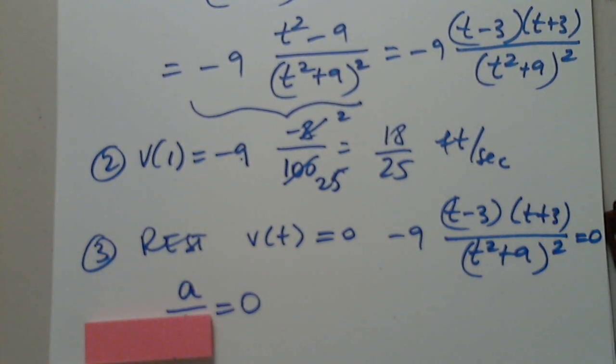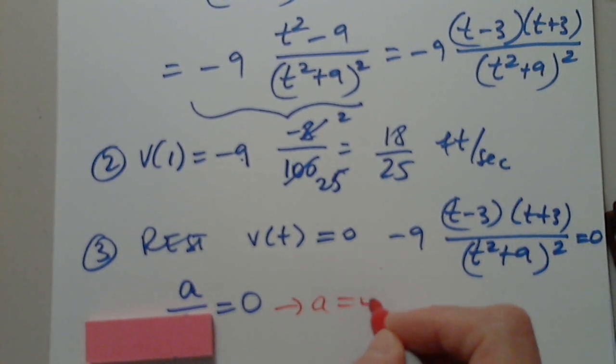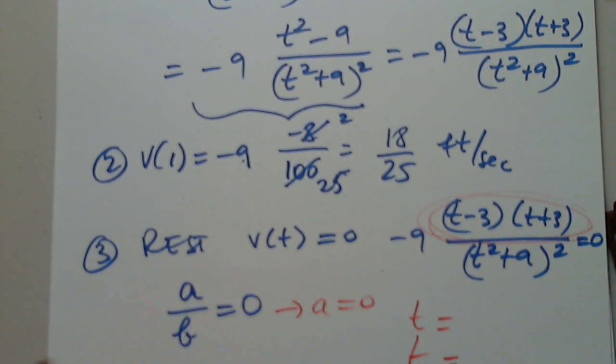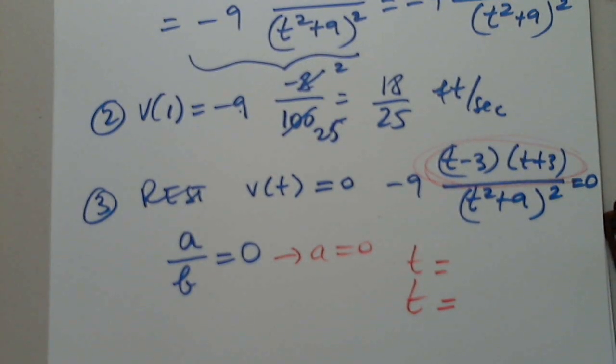Yes, exactly. Only when the numerator is 0. So if the numerator is 0, how much is t? t minus 3 times t plus 3 is 0.